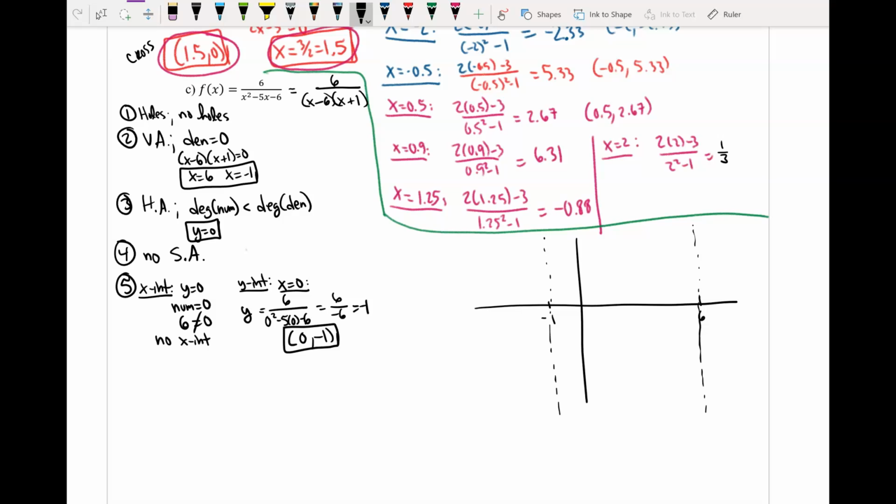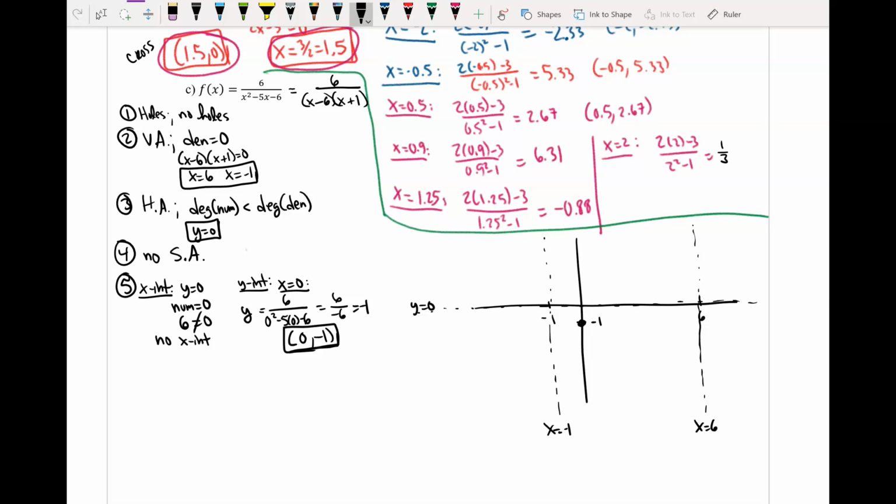We have a horizontal asymptote at 0. So here's my x equals negative 1, x equals 6, and y equals 0. And we know that this is going to cross the y-axis at (0, negative 1), so you're going to have something that looks like this.